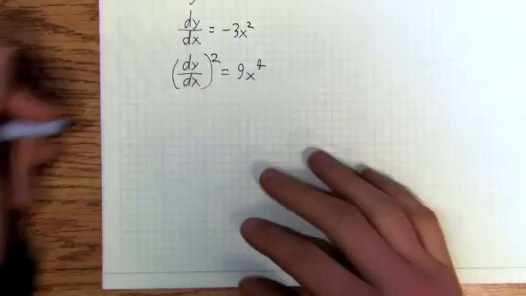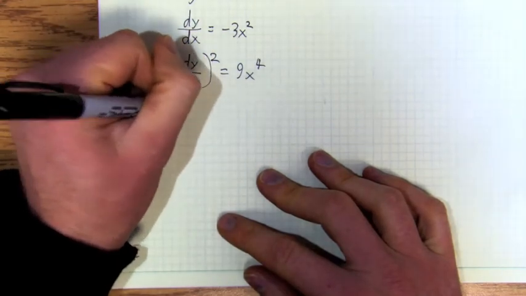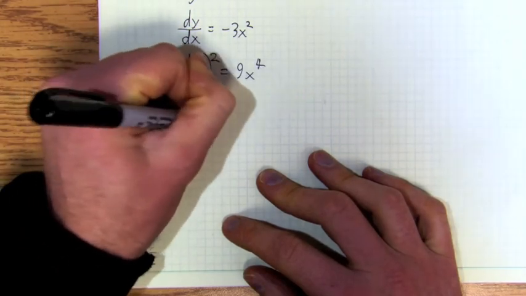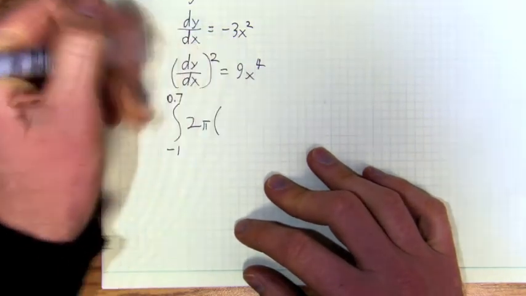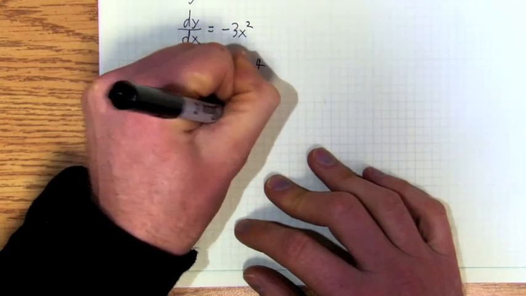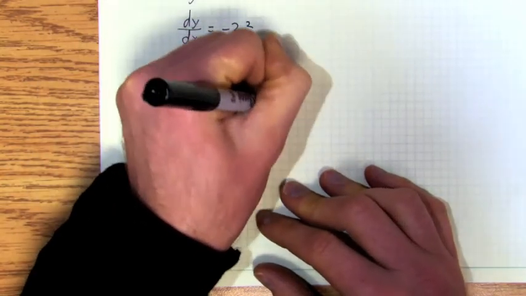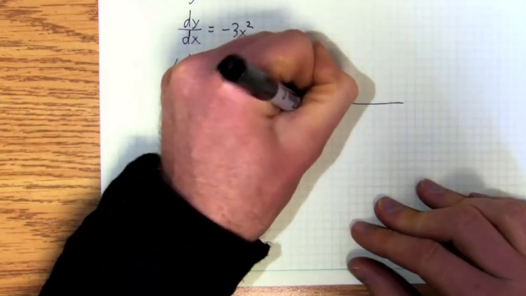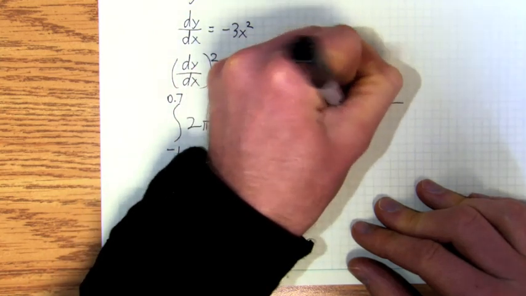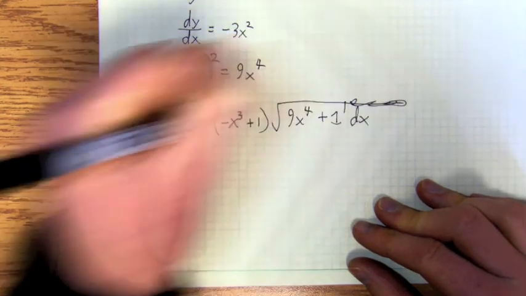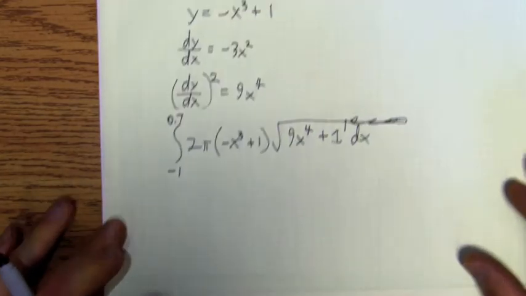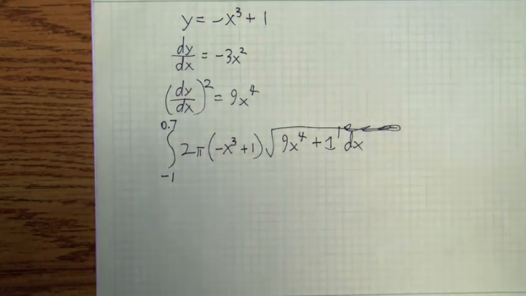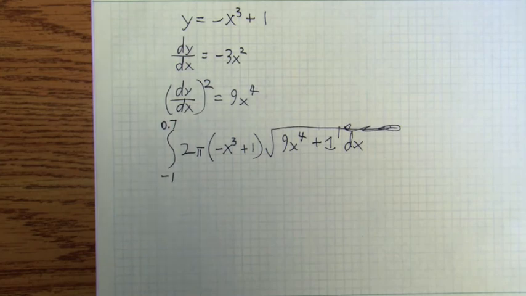So basically I'm going to find the integral from negative 1 to 0.7 of 2 pi times my f of x, which is negative x cubed plus 1, times the square root of 9x to the 4th plus 1, all of that dx. That looks really complicated, but I'm going to switch back over to the graphing calculator, flip into numerical integration mode, and presto changeo.